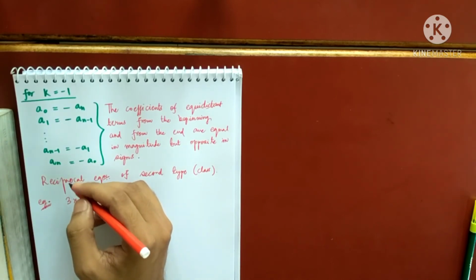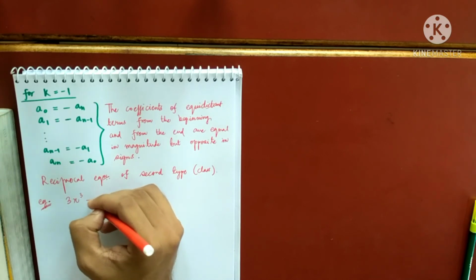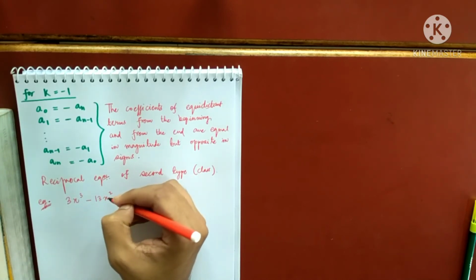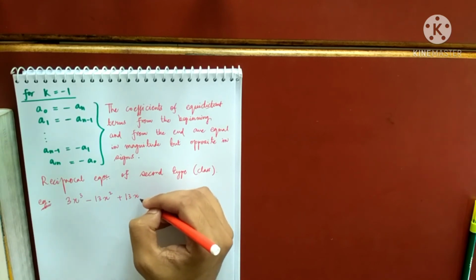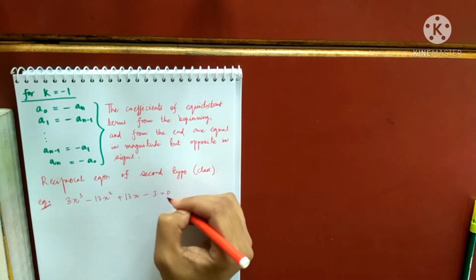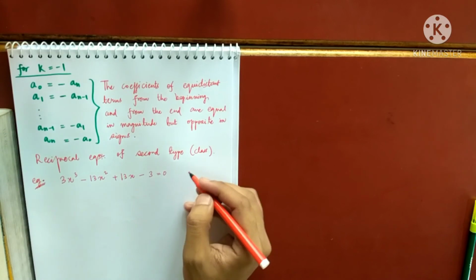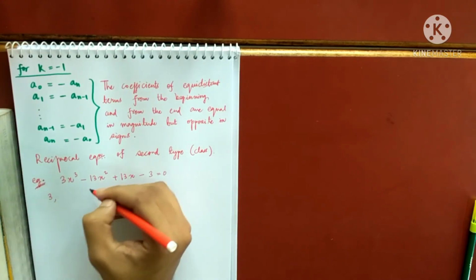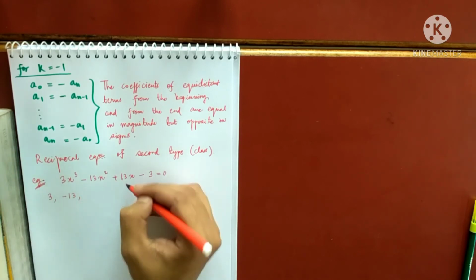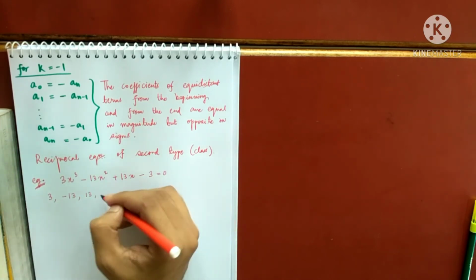3x cube minus 13x square plus 13x minus 3 equals 0. Let's write down the coefficients: 3, minus 13, 13 and minus 3.